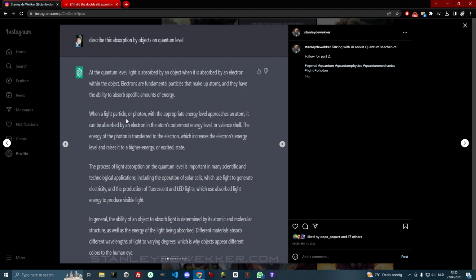So here, when a light particle, a photon, with appropriate energy level approaches an atom, it can be absorbed by an electron in the atom's outermost energy level, or valence shell. Now I've learned about valence shells.